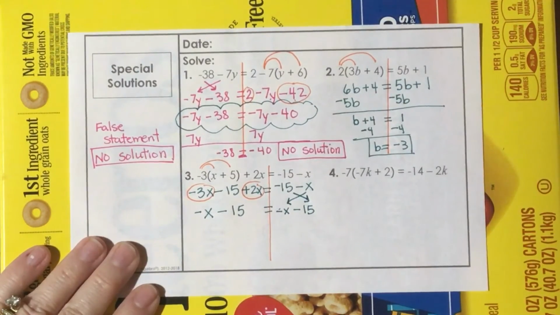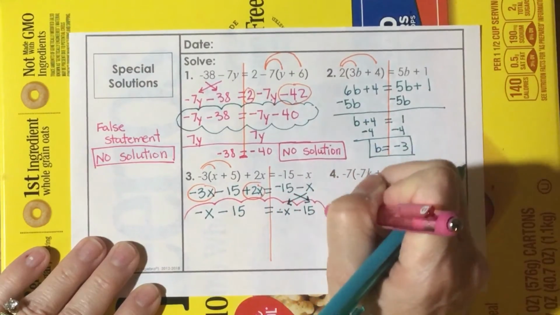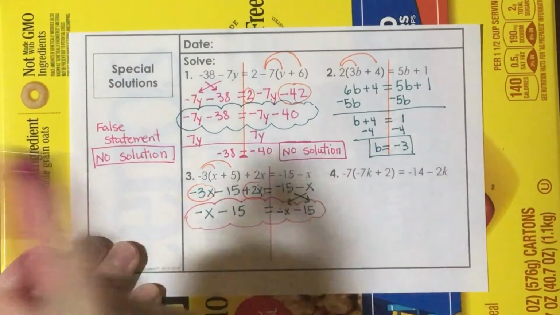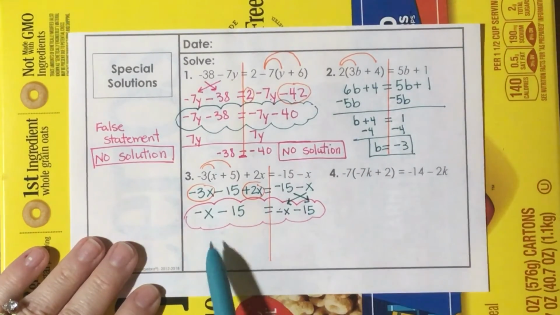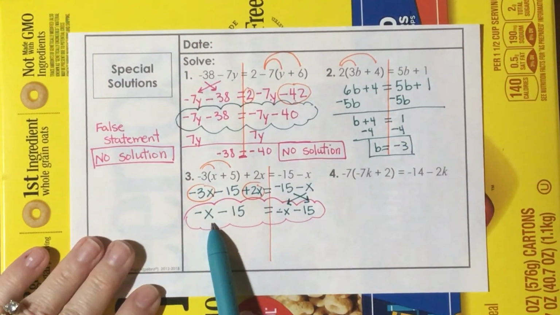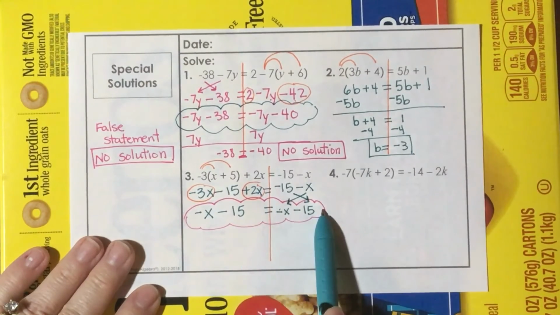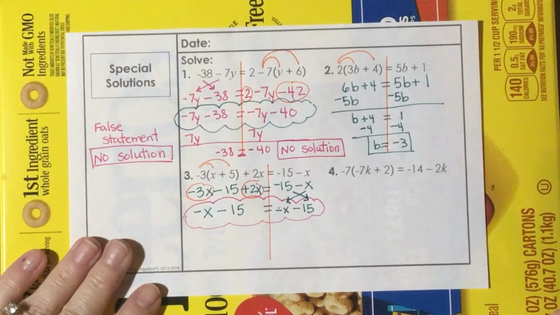And so right here, I want you to look at this very carefully. What do you notice? It's not the same as what we saw up here. This time we have exactly the same thing on both sides. So think about it. No matter what we make x, it's like doing the same problem on both sides. Wouldn't it turn out the same every time we do the problem, no matter what we put in for x?